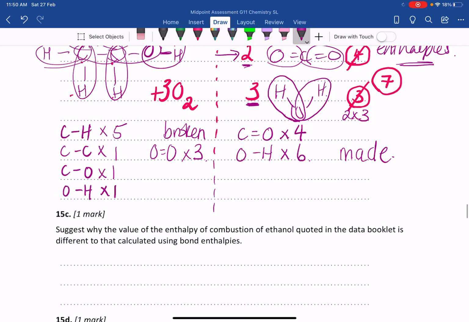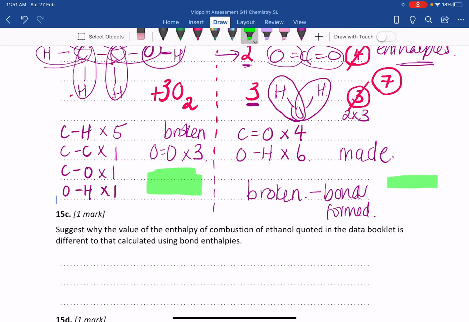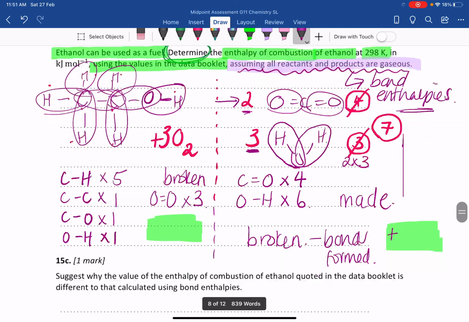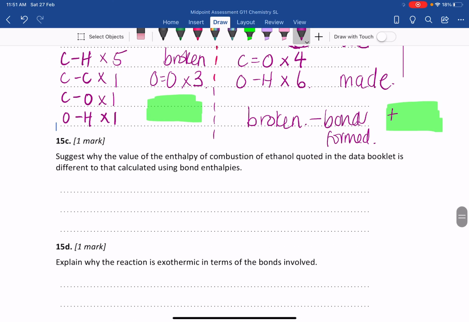Now I have to look at my overall: the bonds that are broken minus the bonds that were formed. If I calculate the bonds broken and the bonds formed, and take those values from the data booklet, then I should end up with a value of, ooh, the sheer excitement, plus 1040.